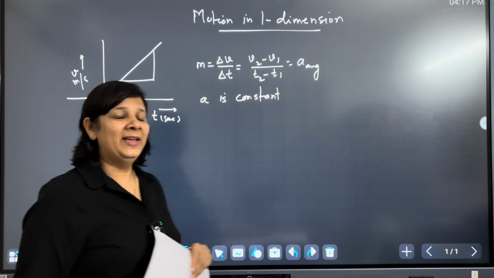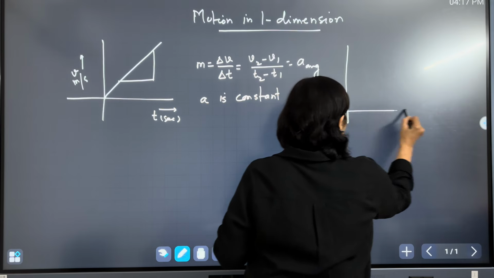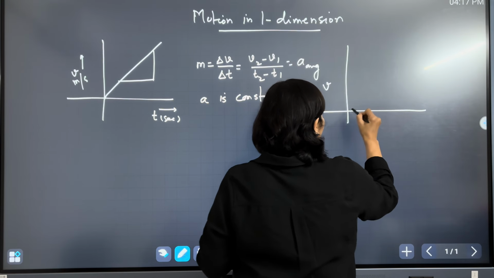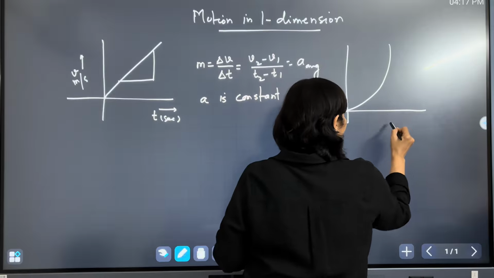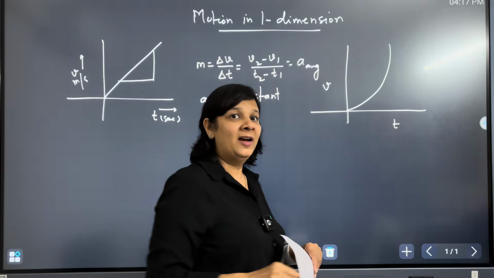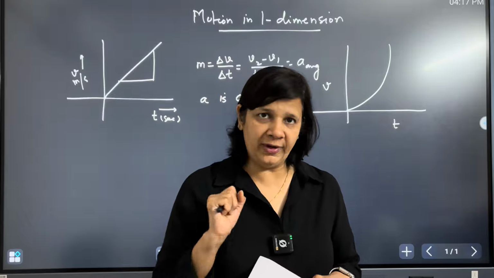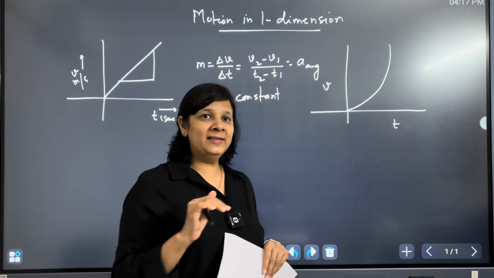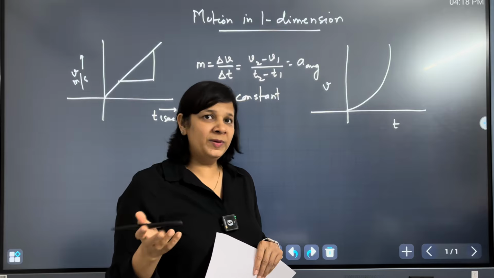But now, if the velocity time graph of an object is like this, it is not constant. Okay, it is changing with time. Then how do we find the slope? If there is a graph, V is a function of time, right? And that is not a straight line, then the slope is not constant.